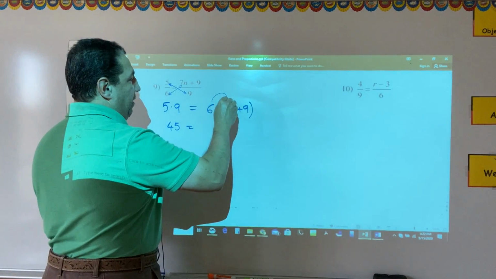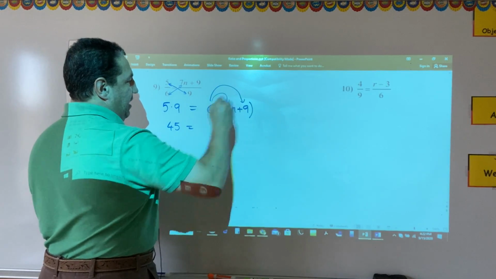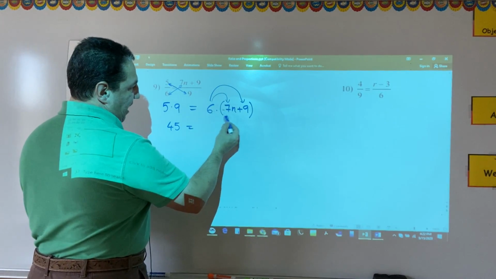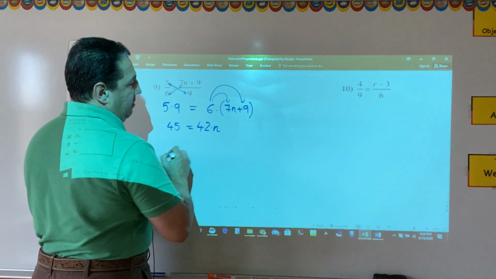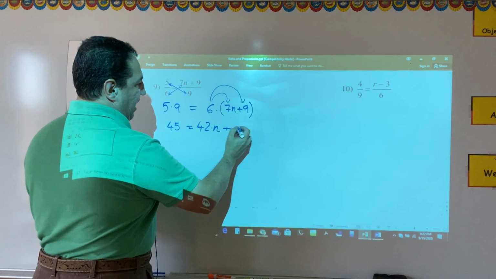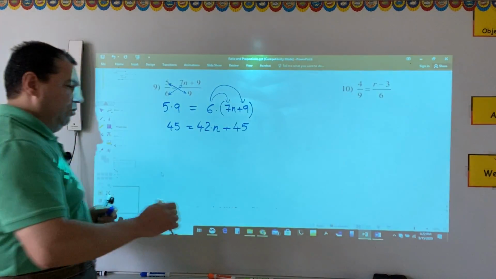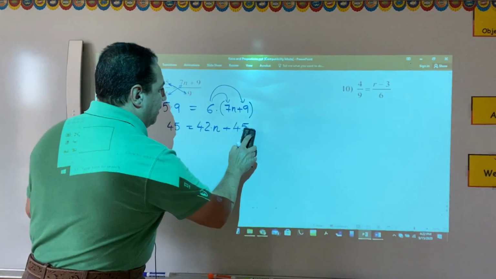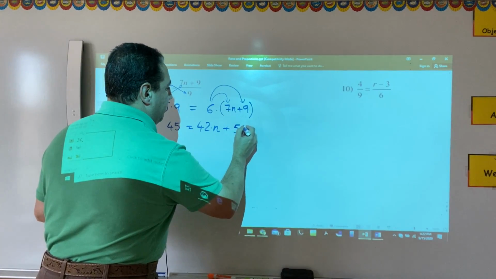So we multiply 6 by 7n and 6 by 9. So you're going to have 6 times 7 is 42n plus 6 times 9 equals 45. Hold on, there is a small mistake here, it is 54.